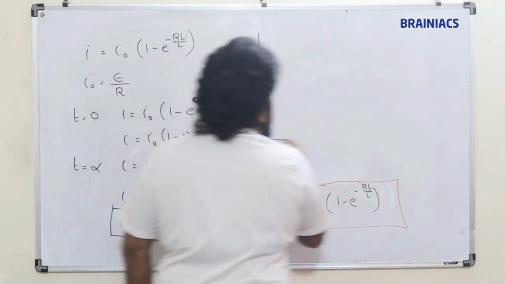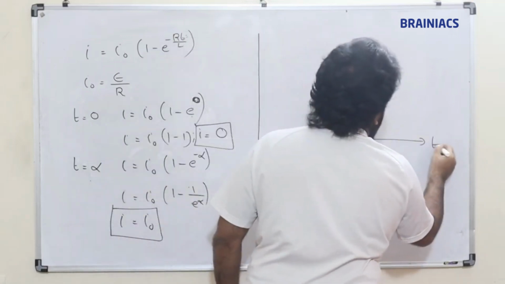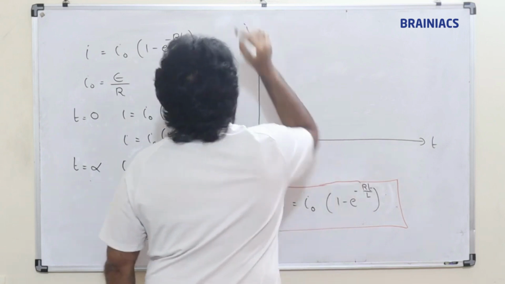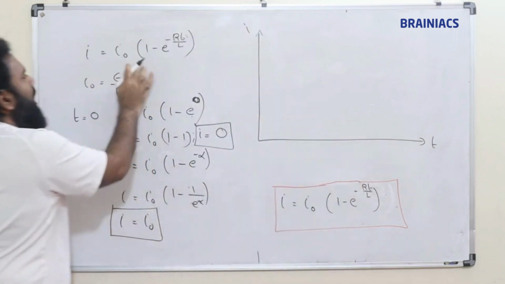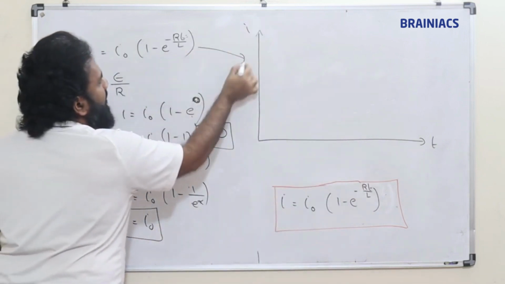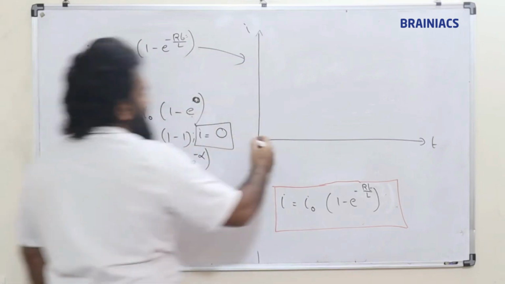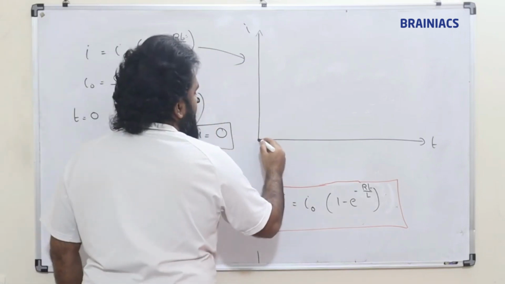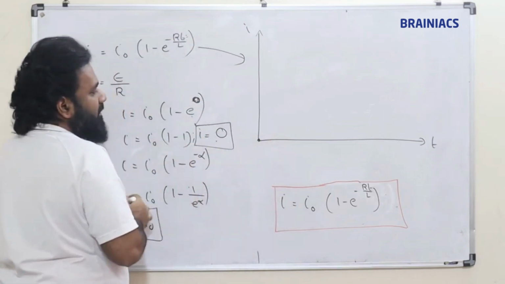Graphically we can draw like this, time t and this is I. How to draw this graphically? At a time t is equal to 0, the value of current will be 0.